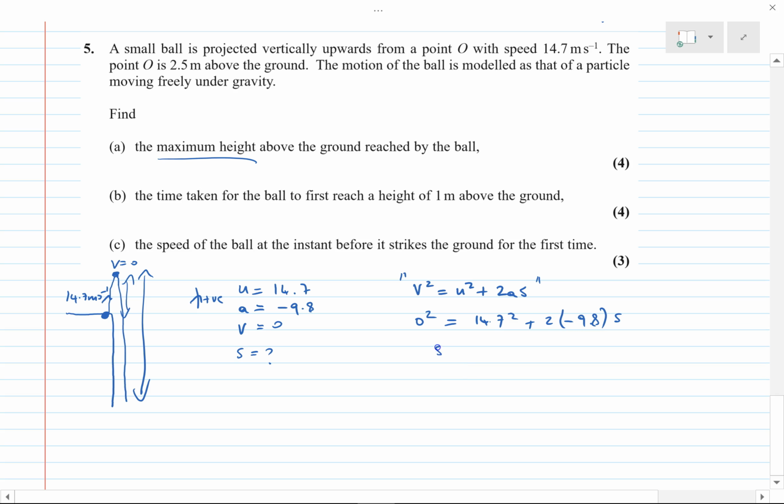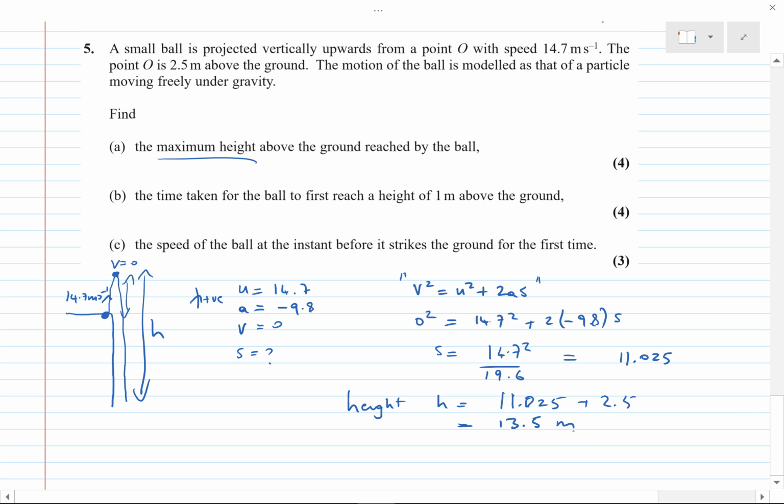So s is equal to 14.7 squared over 19.6, which comes to 11.025. But we need to add on 2.5 to that for the height h. So if we give three significant figures, that's 13.5 meters.